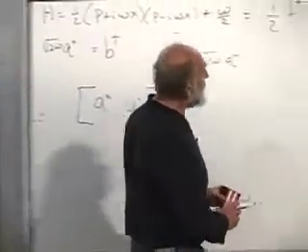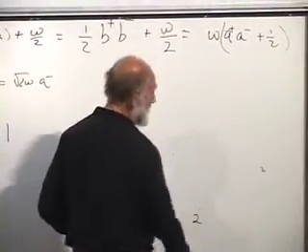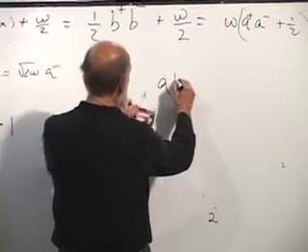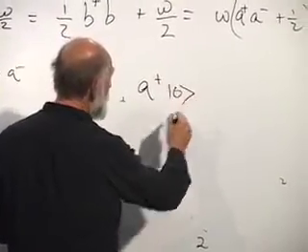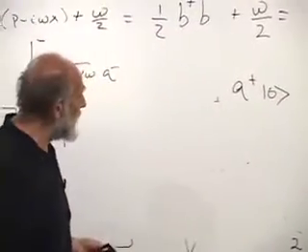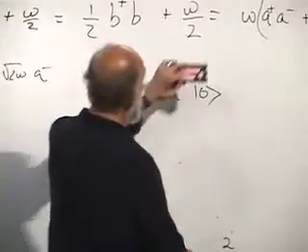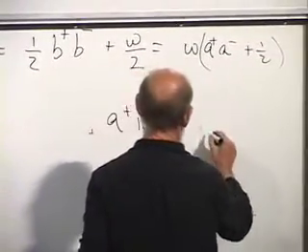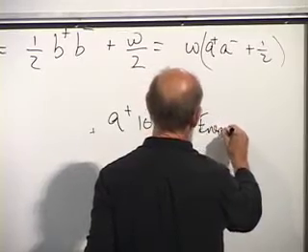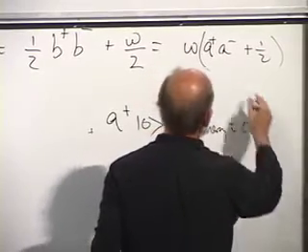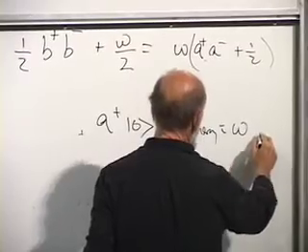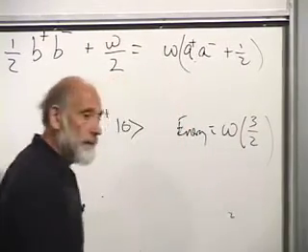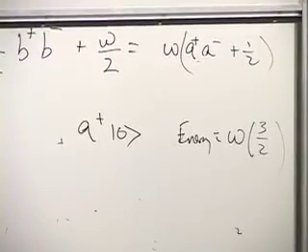We have found a second eigenvector of the Hamiltonian, which is equal to A plus on 0. We'll figure out what its wave function is in a moment, but the energy associated with it is omega times 1 plus 1/2, 3/2 omega.